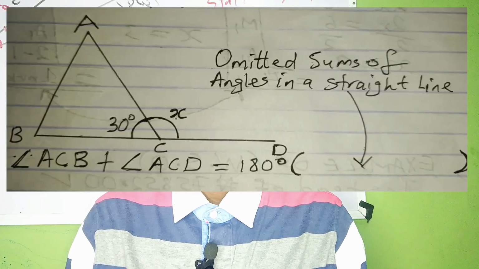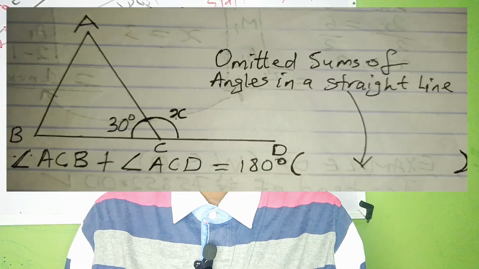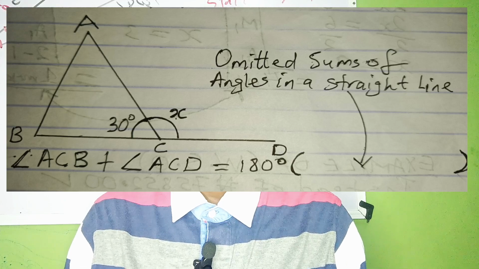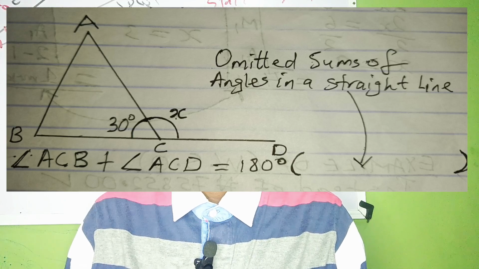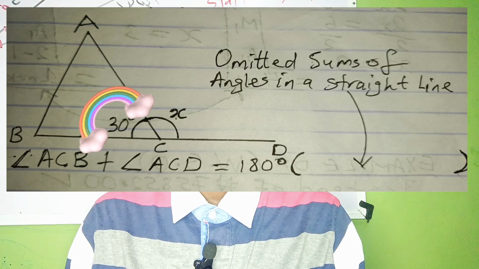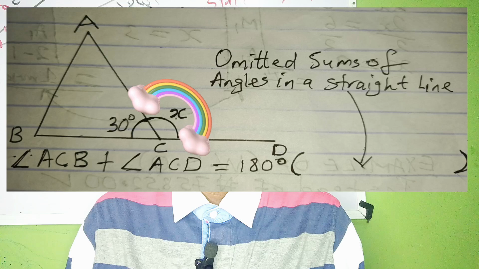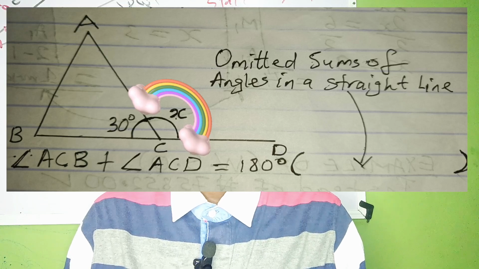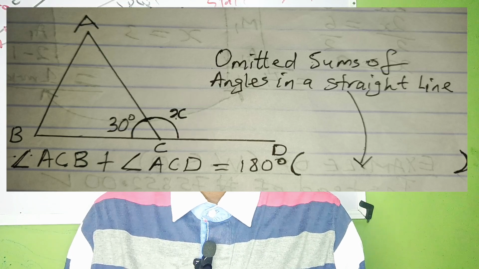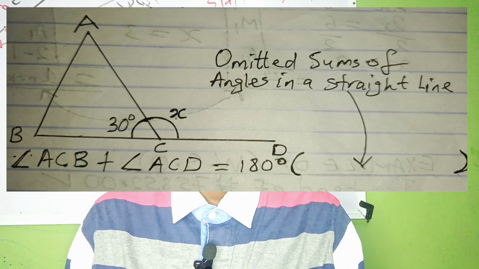There is a triangle ABC and it's been extended to D. We are to calculate X and we are given 30. That 30 degrees is angle ACB, and the X we have to find is angle ACD. Now, looking at the expression, we said angle ACB plus angle ACD is equal to 180.